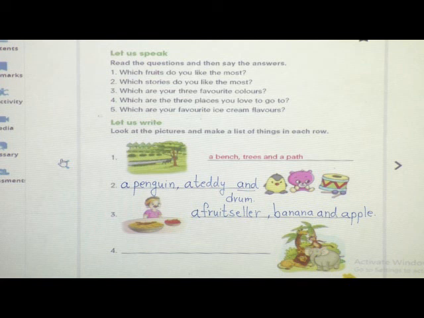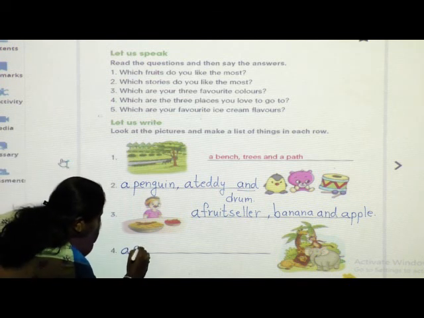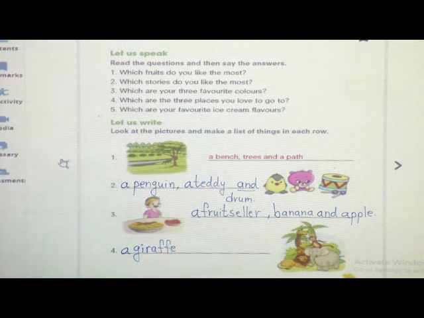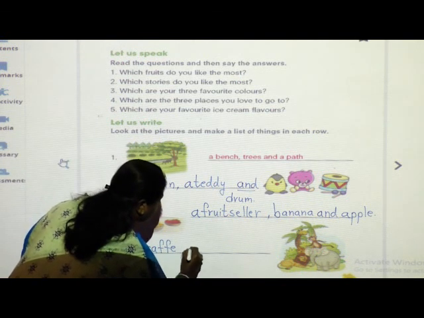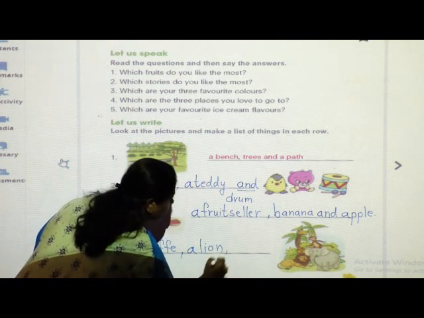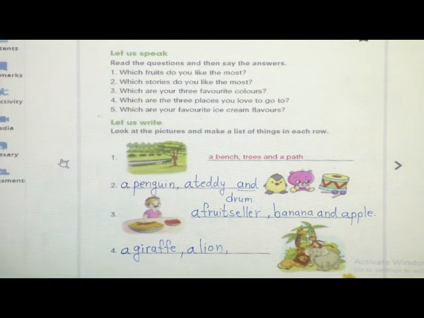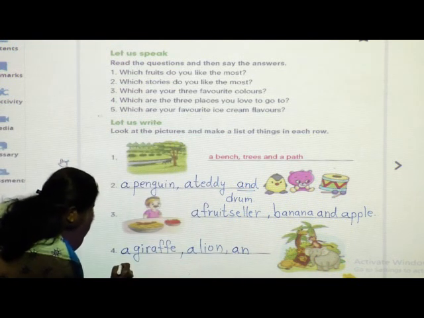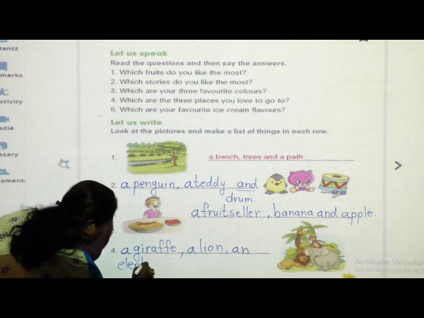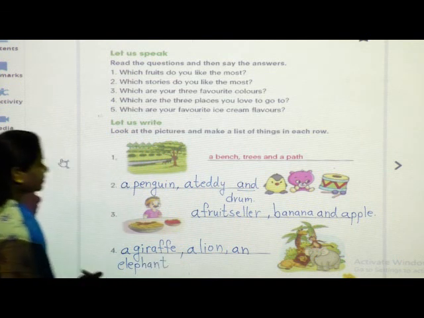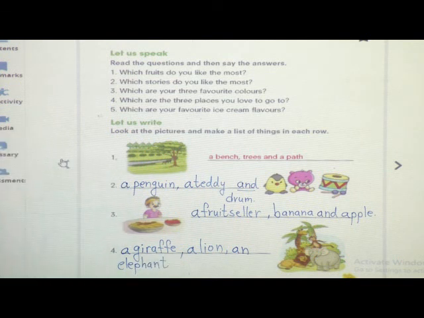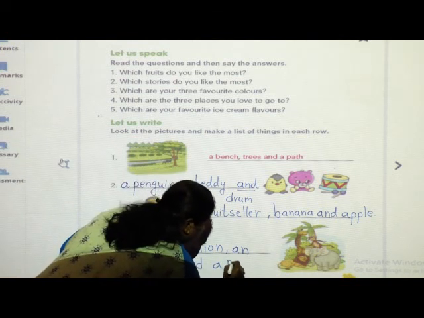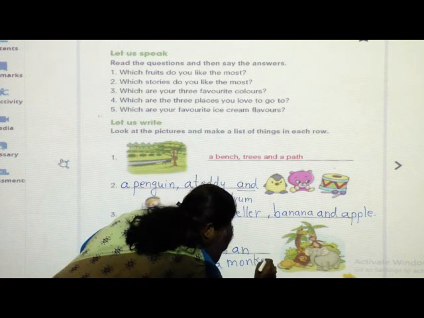So here you have to write a giraffe, comma, a lion, comma, an elephant and a monkey.